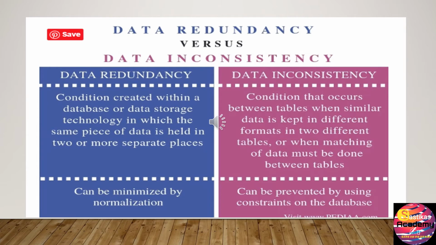Here I give you the example of what is redundancy and inconsistency. Redundancy we know: two or more times the data is repeated, a particular data is repeated. This means redundancy. Inconsistency means a condition that occurs between tables when similar data is kept in different formats in two different tables, or when matching of data must be done between tables.